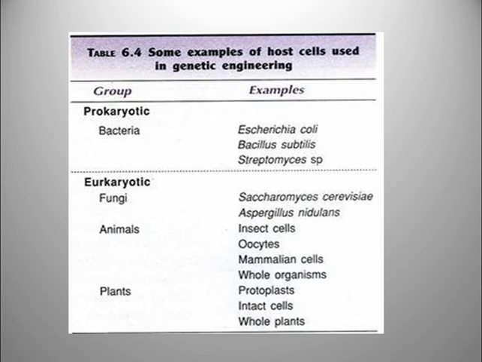In case of animal cells, we use insect cells, mammalian cells, even oocytes are used for culture. Even whole small little organisms are also used. In case of plant cells, protoplasts are used, or complete intact cells are used. Even whole plant is used for genetic engineering, thus to make completely transgenic plant, right?